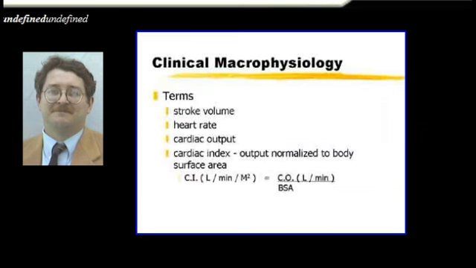We'll move on now from basic physiology to clinical physiology, and at first we'll review a number of terms: stroke volume, heart rate, and cardiac output. While cardiac output is a very useful term if one is comparing patients, it's often best to use cardiac index, which is output normalized to body surface area, or cardiac output divided by body surface area.